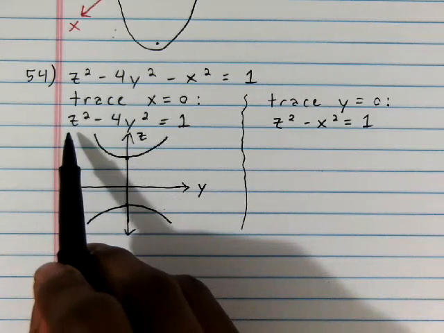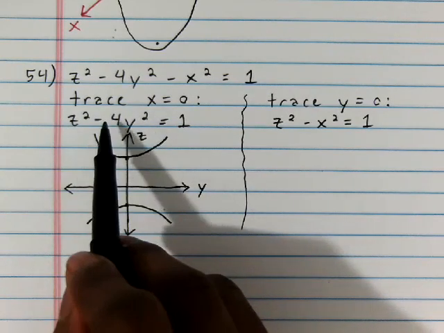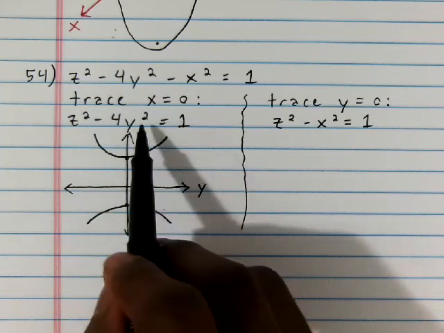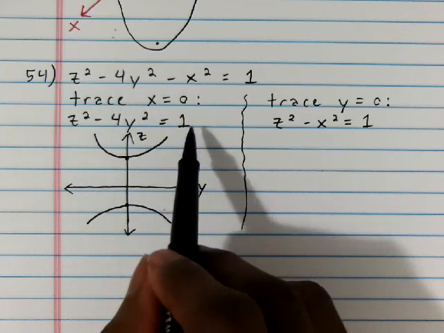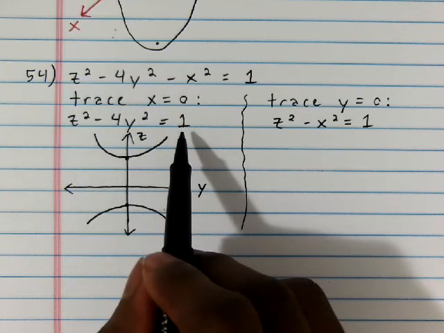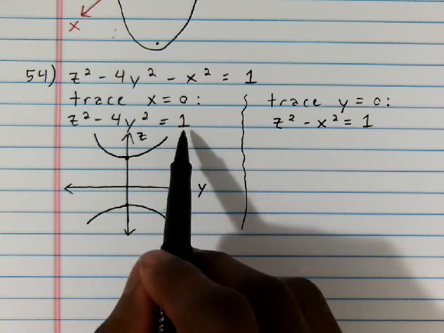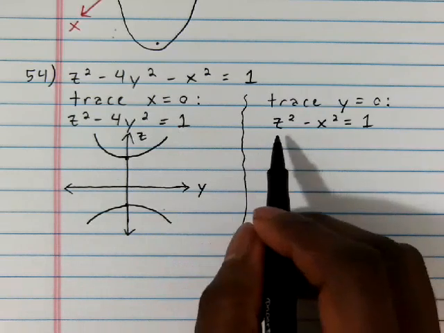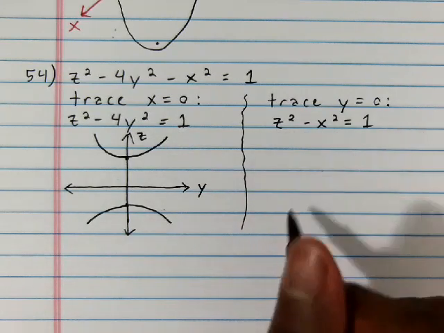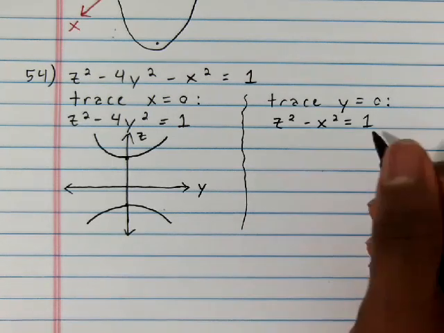So you have two variables being squared, and they have opposite signs to one another, and it's equal to 1. You might have some other non-zero constant over here, but say I had 3, then I divide everything through by 3, and I would have 1 over there. So because I have the difference of squares equals a constant, I know that I have a hyperbola. So this is also going to be a hyperbola.